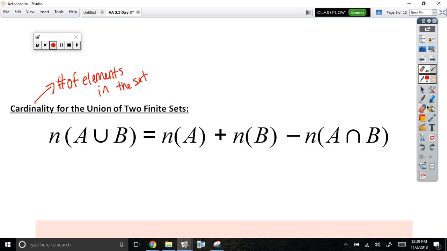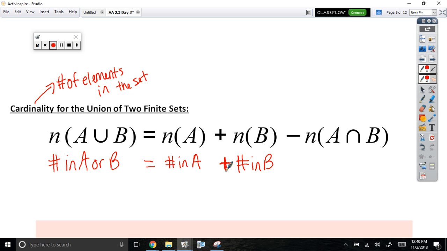So what this stands for is the number of elements. Let me let you copy it first, and then we'll write down this. So this is the number of elements in A or B will equal n of A, the number in A, plus the number in B. And the reason that you can't just add them together is that that middle part, you double counted it.